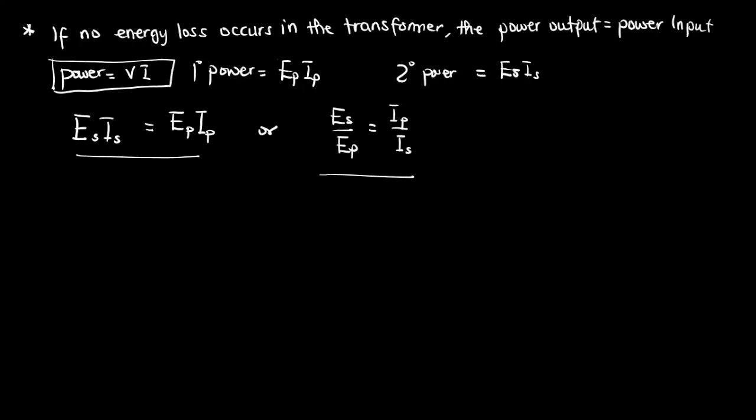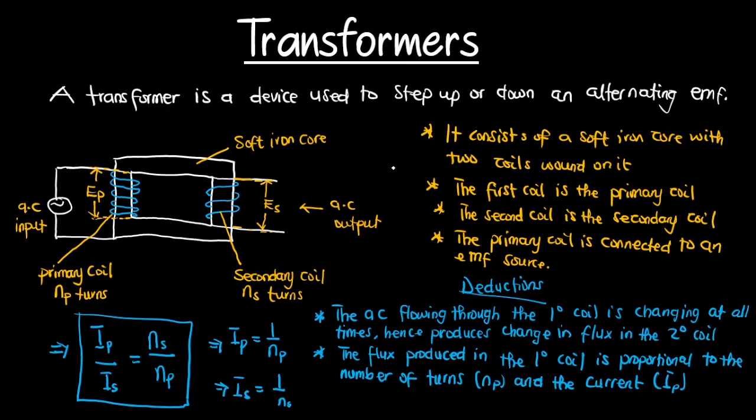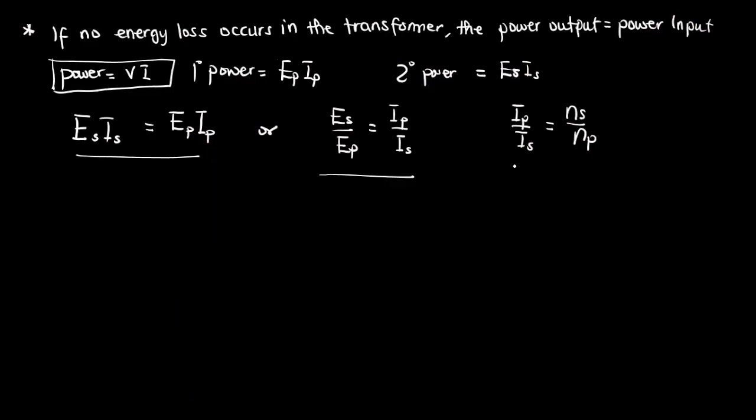This is just like dividing, making the EMFs stand at one place and the current also at one place. So this is the expression that you get. Now remember, earlier on we also said that IP over IS is equal to NS over what? NP. That is what we looked at over here. So this expression is what I am quoting over here.